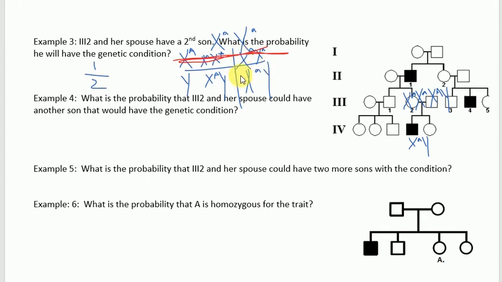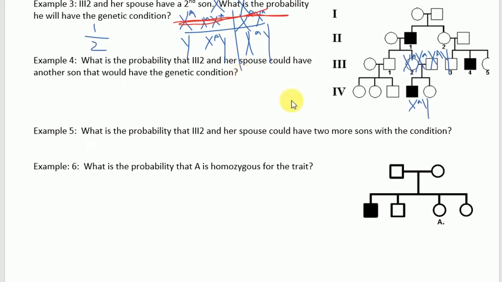Okay, so next example. What is the probability that 3, 2 and her spouse could have another son that would have the genetic condition? Well, this is pretty simple because we already answered this, right? So that answer is right there up above.